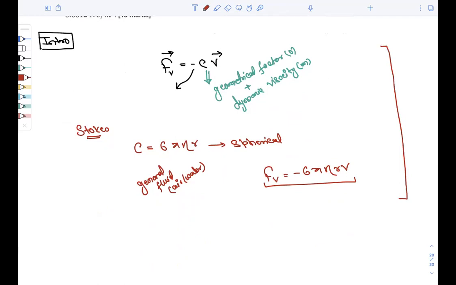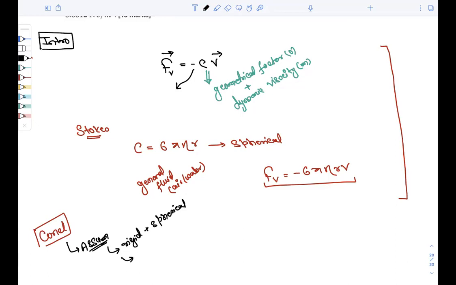In the conclusion part, we will try to write a few more things. We will have a specific conclusion for this question also, but for any Stokes question, you have to write the assumptions. It's a 15 marker. The body we have taken is rigid and its shape is defined, that is, spherical in nature.